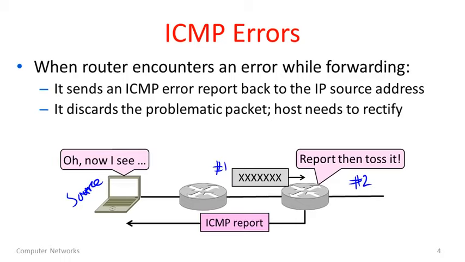This is step number 2. What does the router do then? Well, it sends a report. That's this ICMP report, and then it discards the packet because it can't handle it. So this ICMP report, this is step number 3. This will make its way back across the network to the source that sent this bad packet, and hopefully step number 4, the source will receive this ICMP message, understand what it's doing wrong, and take some step to fix the problem.